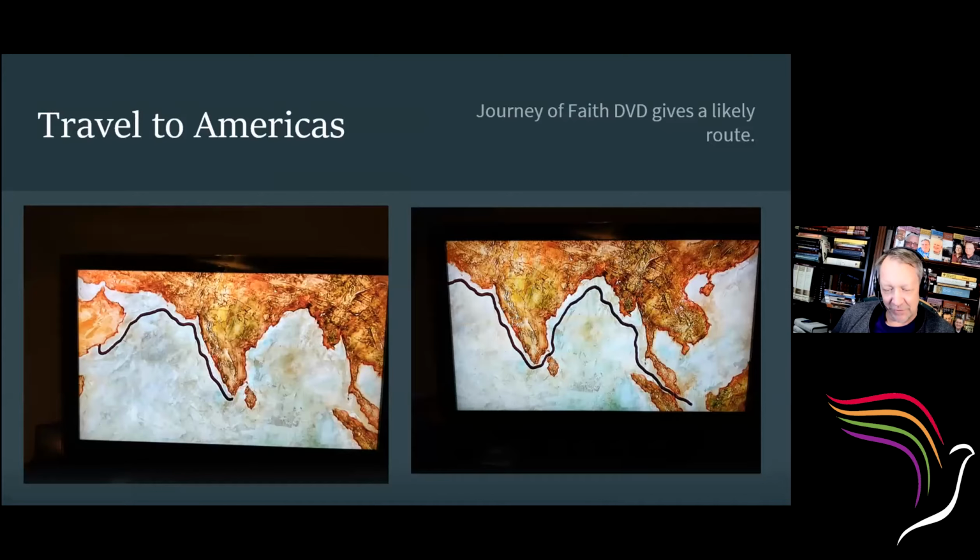In Journey of Faith, the interesting thing is basically, if you look at this place here on the left, that's probably where Nephi's harbor was, either Kor Kofut or Korori. They believe that they basically hug the land, going down by India. And you can see here, according to Journey of Faith, they go right by the Malay Peninsula.